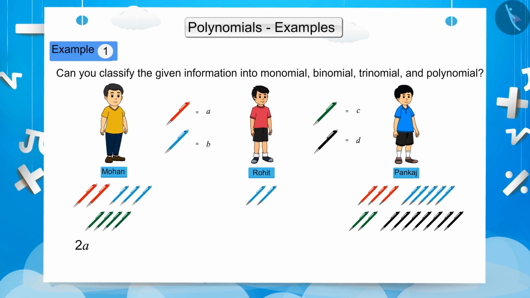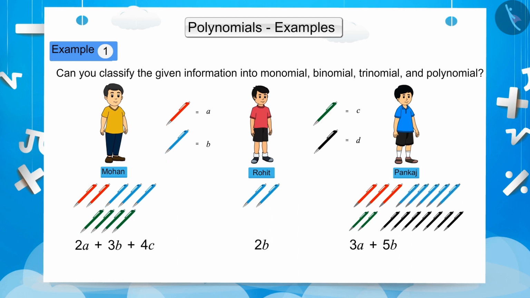Mohan, 2A plus 3B plus 4C. Rohit, 2B. Pankaj, 3A plus 5B plus 2C plus 7D.